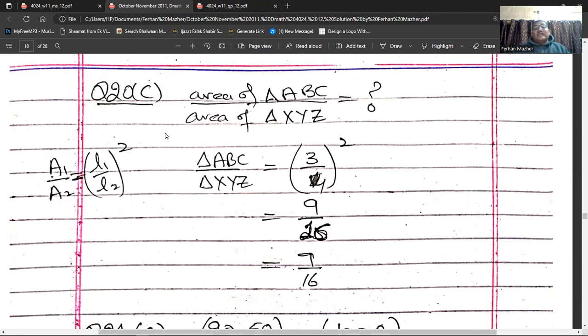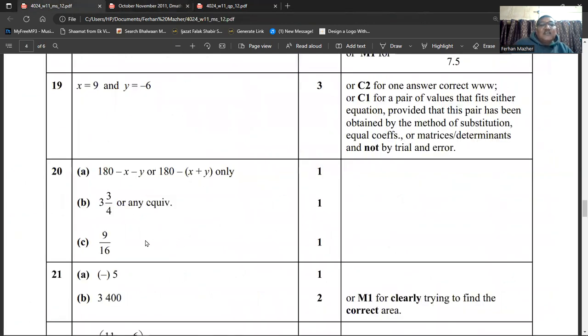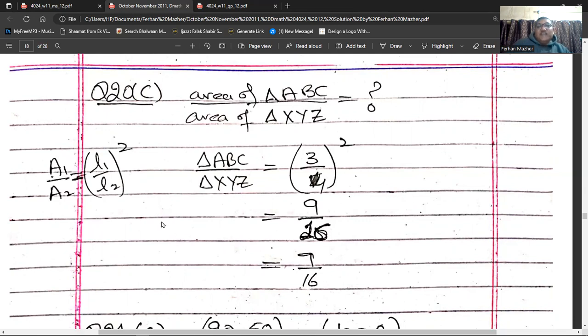So the area of triangle ABC divided by the area of triangle XYZ will be 3 by 4 whole square. These are the ratio of their sides, which we found in the previous part. When you take the square, it will be 9 by 16. So 9 by 16 is the answer. The ratio of their areas is equal to the square of the ratio of their corresponding sides.